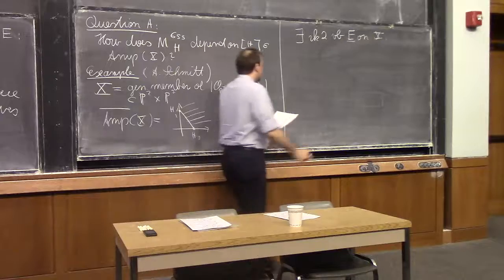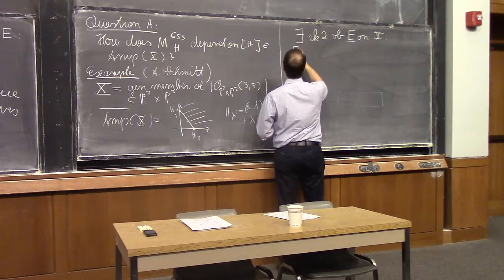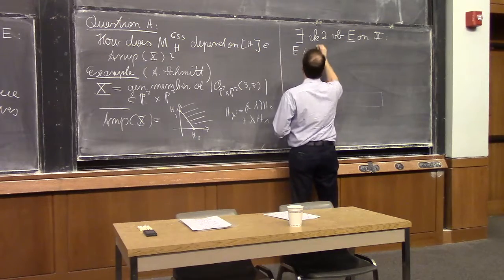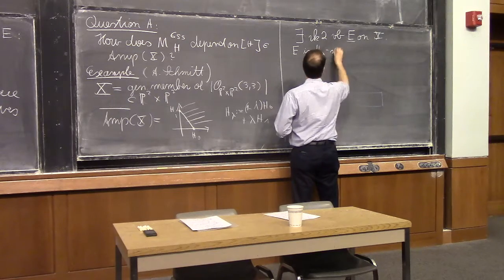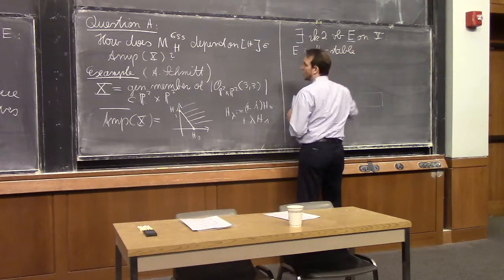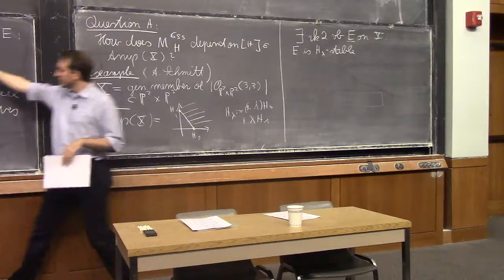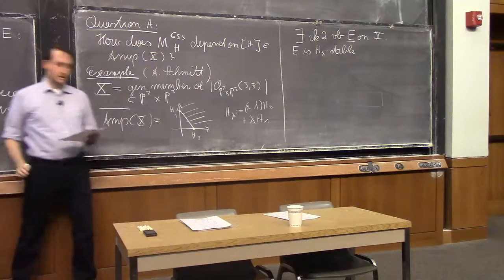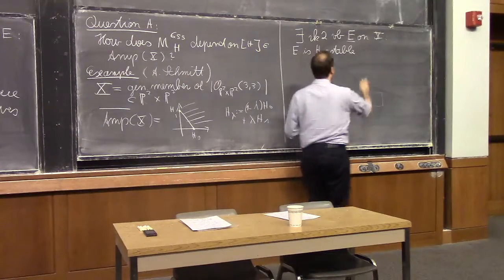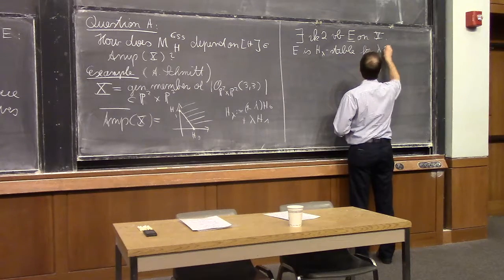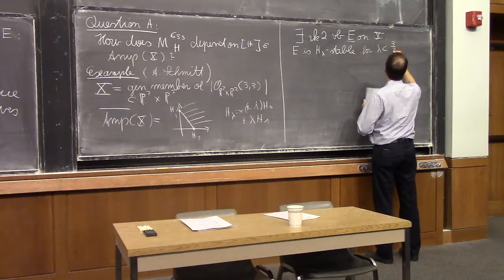And the at first very surprising thing is that if you do that, you find that E is H lambda stable.